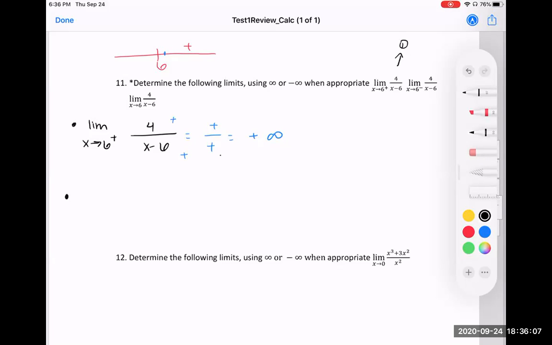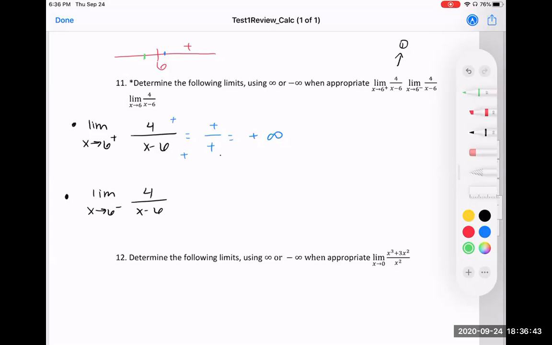All right. So I have the limit as x approaching negative 6 of 4 over x minus 6. Same idea. I always think of a number line and ask what number is slightly less than. It's a rational function with an asymptote at 6, so we're trying to see what's happening at 6 from the left.